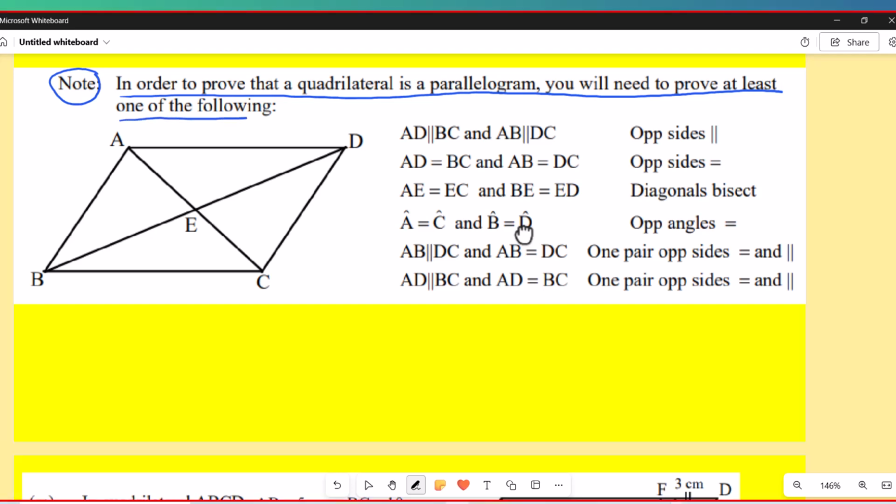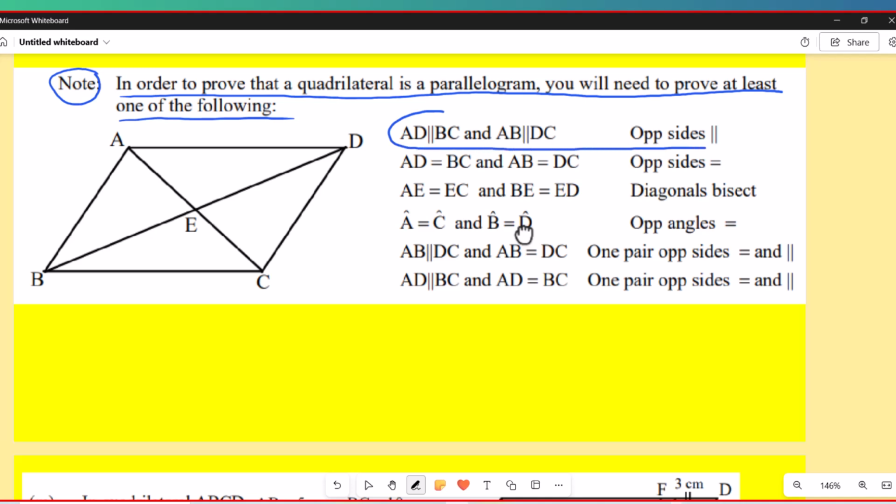This is our quadrilateral ABCD. Now, if we can show that AD is parallel to BC, and also AB parallel to DC, then we say it's a parallelogram. So this is number one, which you can use.